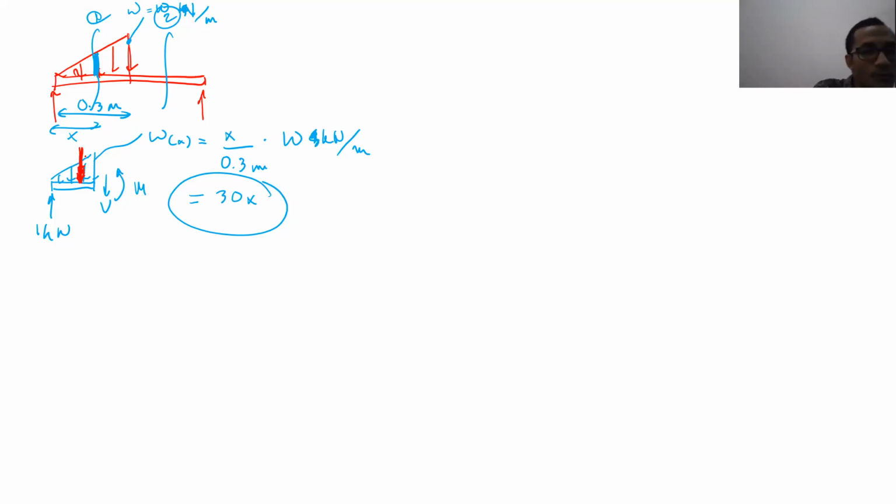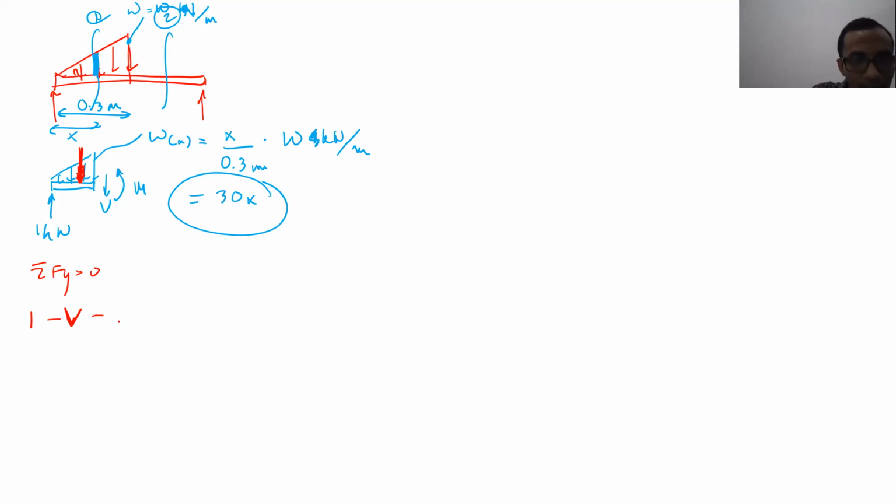So for example, if we want to calculate for phi, using sigma Fy equal to 0, then if going up is positive, we have 1 kilonewton minus phi, minus the resultant, right? And what is the value of the resultant?